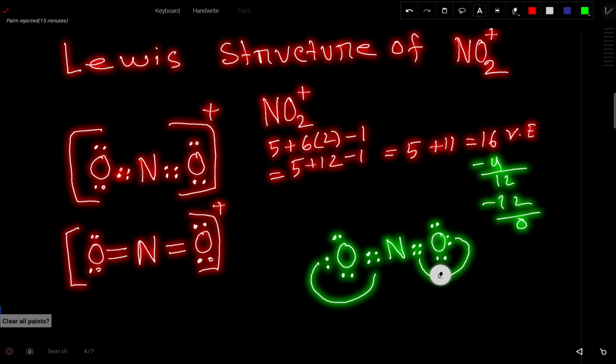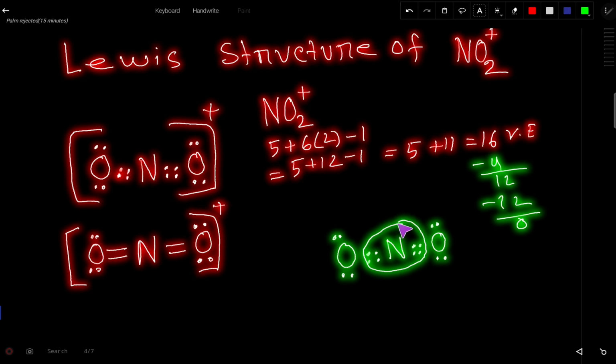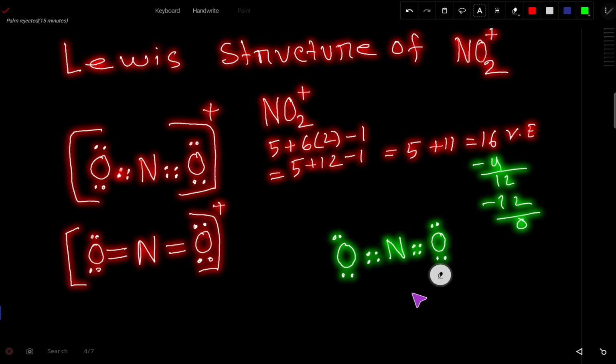So now this nitrogen has 8 valence electrons, this oxygen has 8, and this oxygen also has 8. And this is the stable Lewis structure, since you have moved a lone pair from both oxygens.